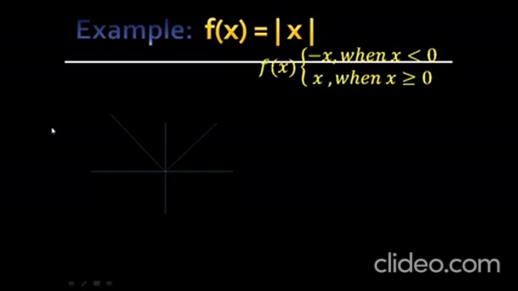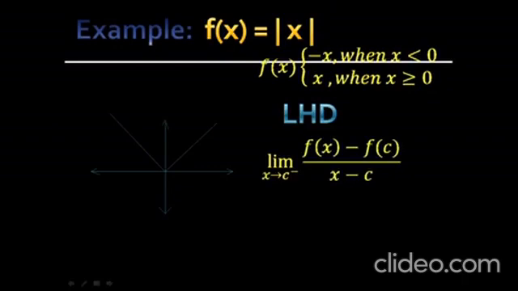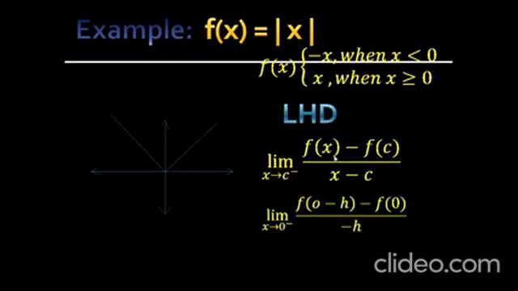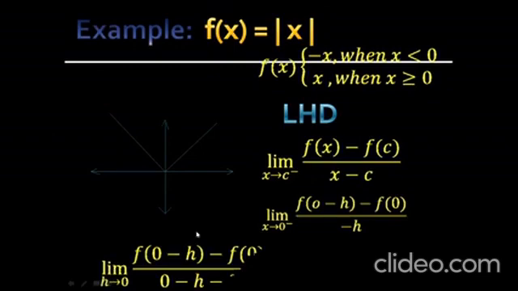After drawing it, we have to look at the left hand differentiability and the right hand differentiability. You know the formula of the left hand differentiability very well. So apply the limit x tends to c minus, f(x) minus f(c) upon x minus c. Put x as 0 minus h, and we get the limit h tends to 0, f(0 minus h) minus f(0) upon 0 minus h minus 0.